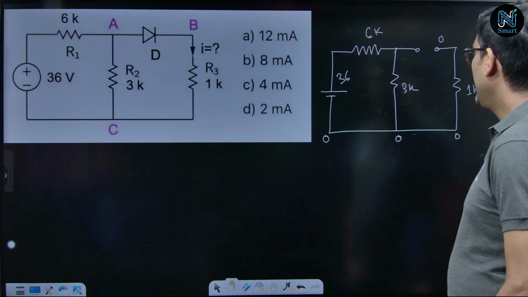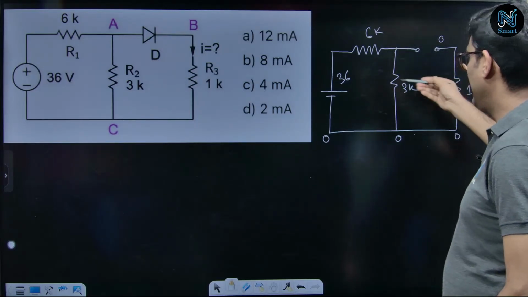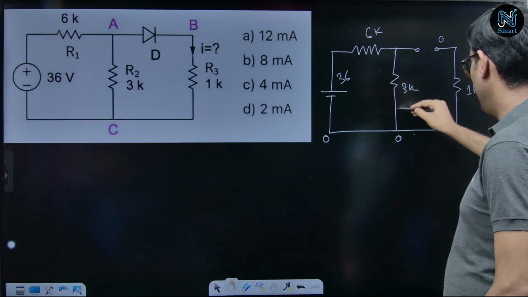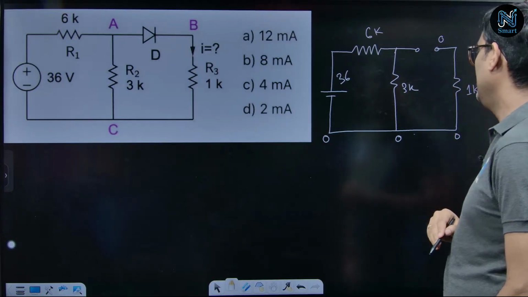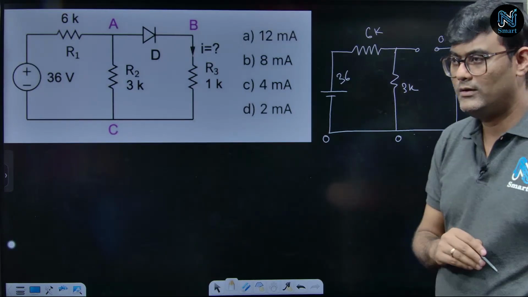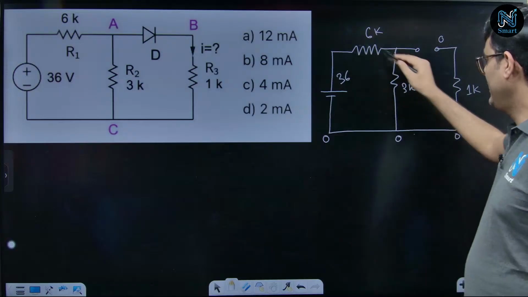And 6 plus 3 is 9, so this will carry a current of 36 by 9 kilo ohm.